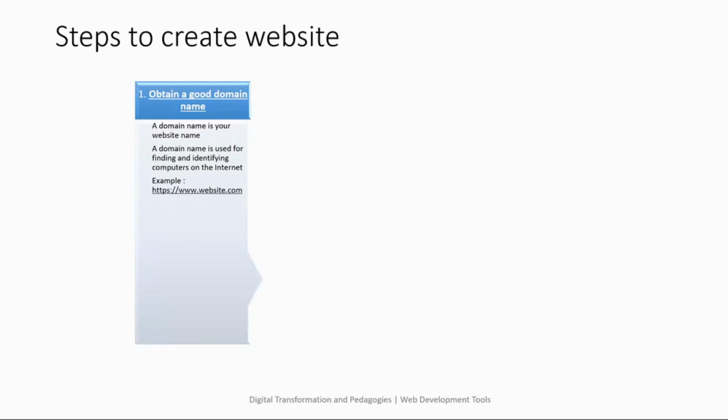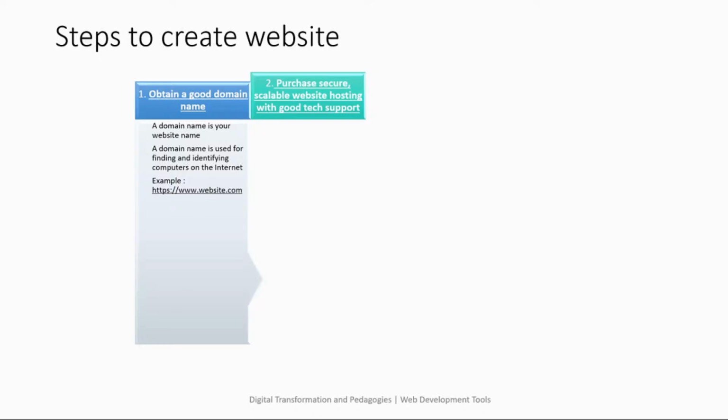So if I draw an analogy with land and building, the building and its contents are the website, and the address of the building is the website name or the web URL, as we call it.